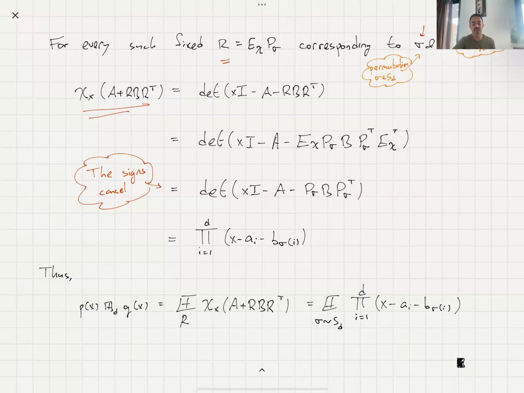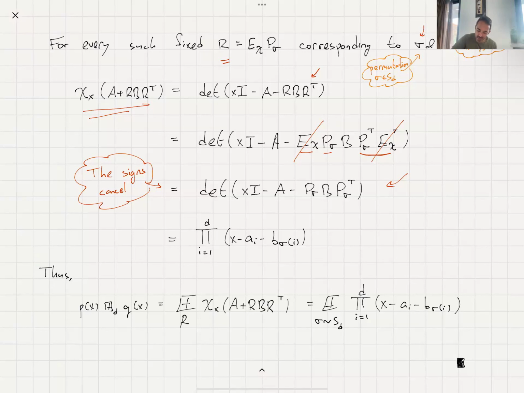That's just the determinant of xI minus A minus R B R transpose. R is real valued. And what is R? It's E_chi times P_sigma. So that's its transpose. And what happens now is that E_chi and E_chi transpose get cancelled. It's just a diagonal of plus or minus 1, so it multiplies and gets a 1. And you are left with this thing.